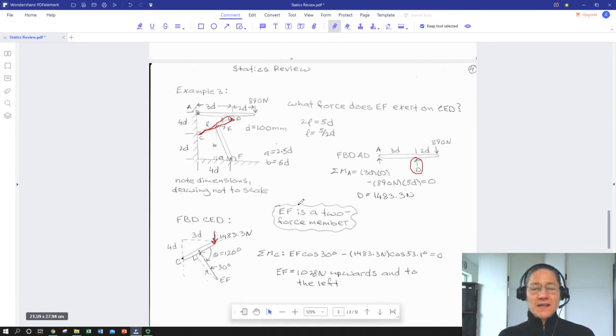So even though this whole body is not a truss, member EF is acting like one member of a truss in that it is a two-force member, and so that gives us information that we need to solve our equations of equilibrium.